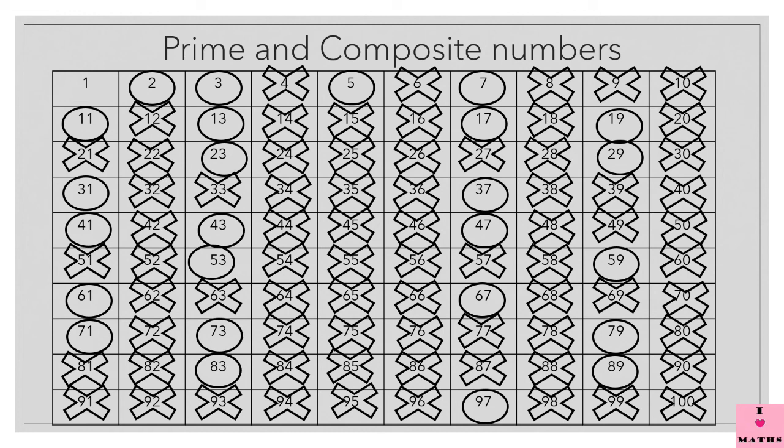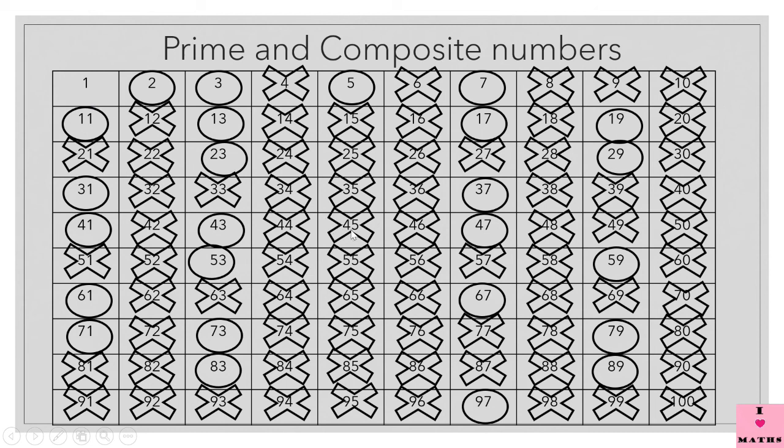So 25 plus 74 makes it 99. And this is number 1, which we have neither encircled nor crossed. And I have already told you that number 1 is neither prime nor composite. It is a unique number.